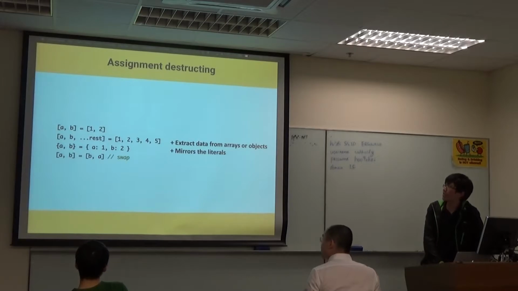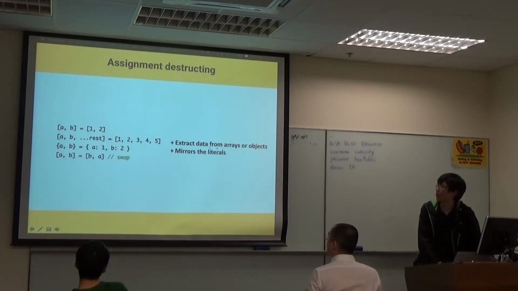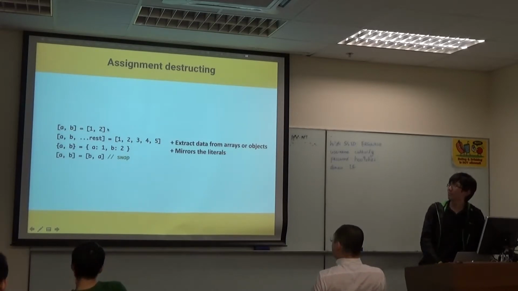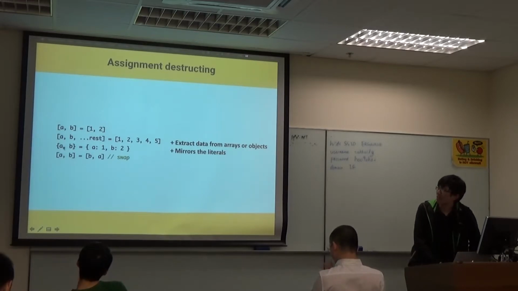It is used to extract data from arrays or objects. So here you can see, you can treat it like a mirror. A is 1, B is 2. And here in the object, A is 1, B is 0.